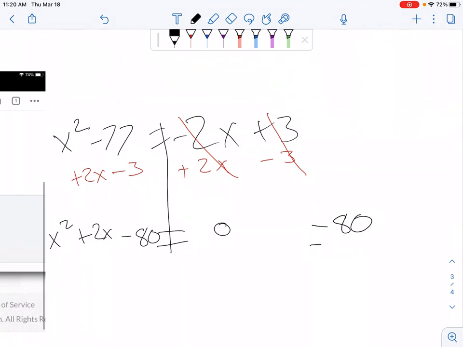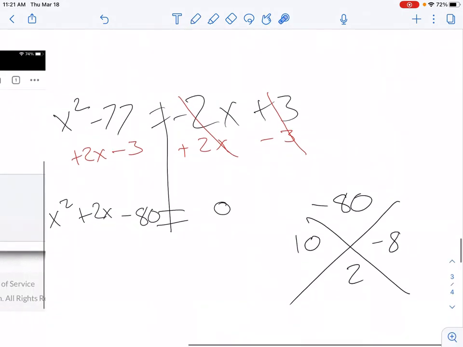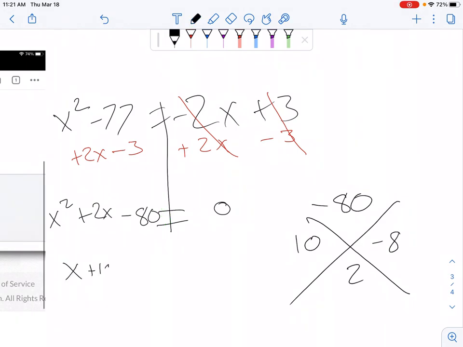So now we're saying negative 80 and a positive 2. This would be a positive 10 times a negative 8. So we can rewrite our trinomial, this guy, as x plus 10 times x minus 8.